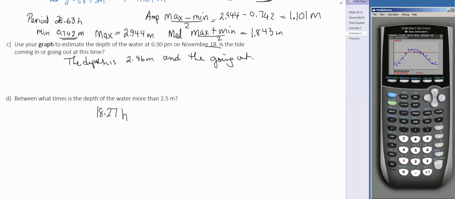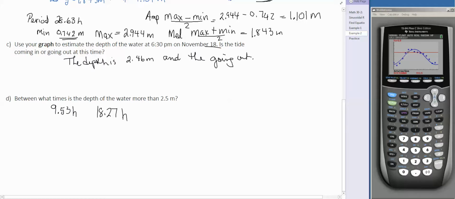Let's find our first time. So we do the same thing again, second trace, intersection point, which is 5. I'm going to move my cursor over to the intersection point on the left. I can press enter to say yes for the curves, take a guess, and it calculates, and it's at 9.53 hours.